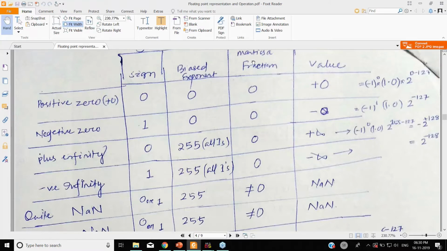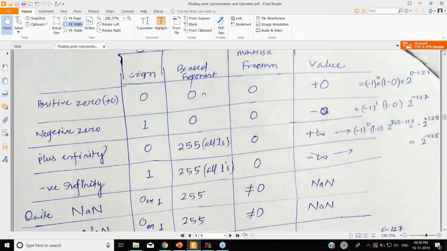If we consider the single precision representation, the mantissa is 23 bits, the exponent is 8 bits, whereas the sign bit is 1 binary bit. If the sign bit is 0, it is positive; sign bit 1, negative. We all know this. Let's look at this representation.